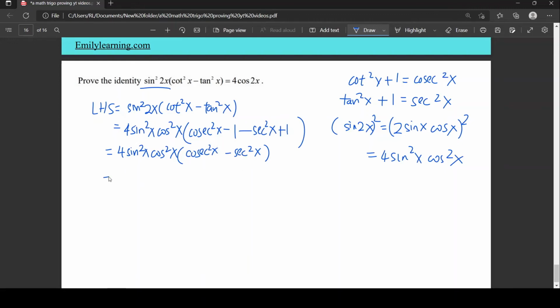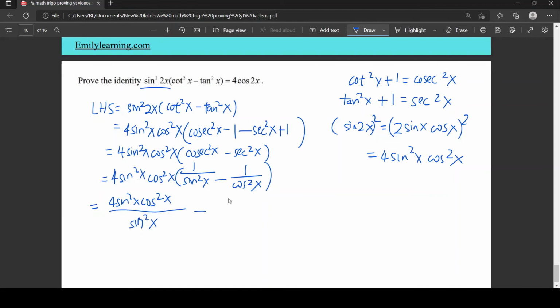Alright? So I'm still going to copy 4 sine squared x cosine squared x. Then I'm going to change cosecant squared x into 1 over sine squared x and secant squared x into 1 over cosine squared x. Next, I'm going to expand. So I have 4 sine squared x cosine squared x over sine squared x minus 4 sine squared x cosine squared x over cosine squared x.